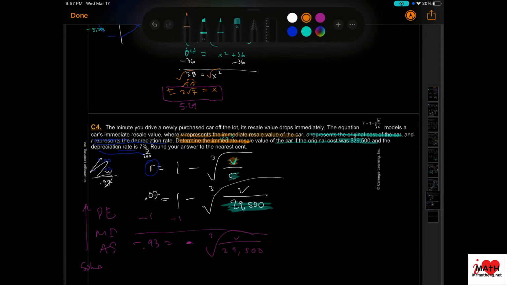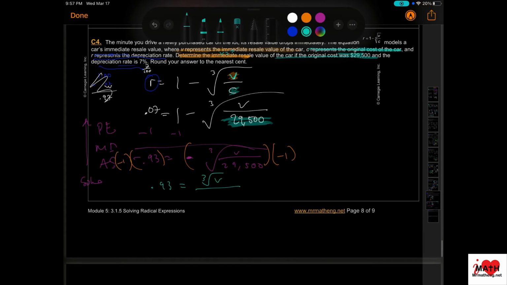Okay, I need to get rid of that negative sign, so you can multiply both sides by -1. And I'm going to get 0.93 equals the cube root of V over the cube root of 29,500. Okay, so I'm going to use a calculator-ready equation. That just means I'm going to multiply both sides by the cube root of 29,500.